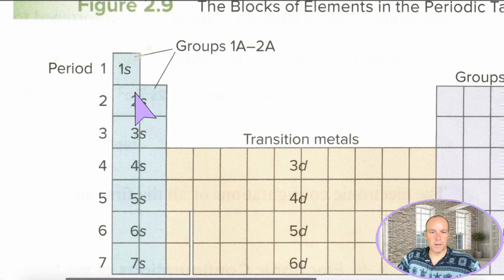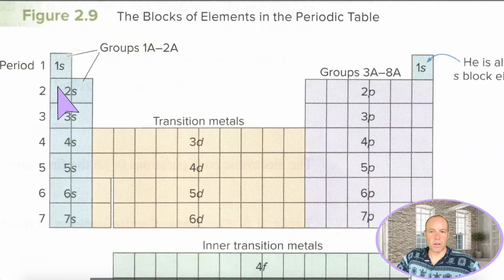To get the electron configuration for lithium, you go across the first period, 1s2, and then 2s1. It's the first spot in the 2s section, so 2s1. So 1s2, 2s1. That's lithium. And then beryllium is right there. It would be 1s2, 2s2. And then boron over here would be 1s2, 2s2, 2p1.